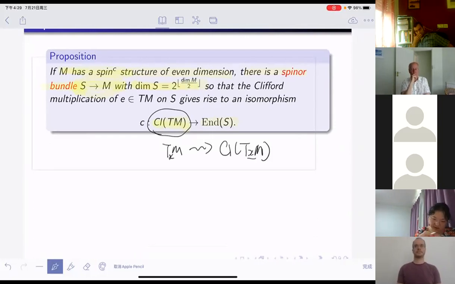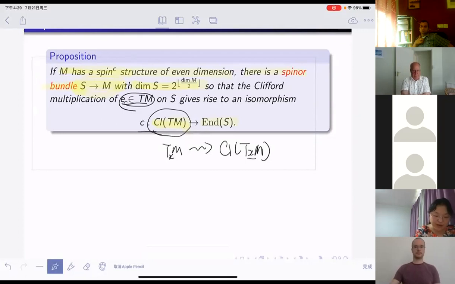Note that we create the Clifford algebra in order to define multiplication of vectors in R^n. And in this case, we would like to define multiplications of vectors or covectors on M.